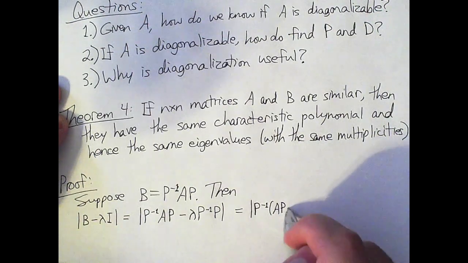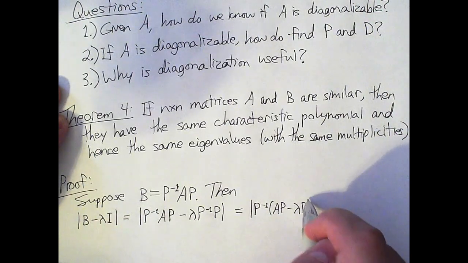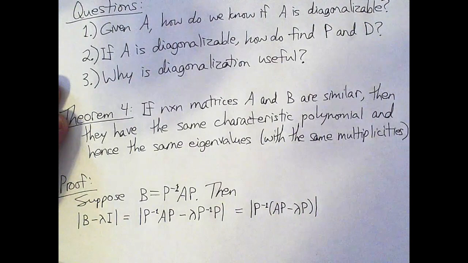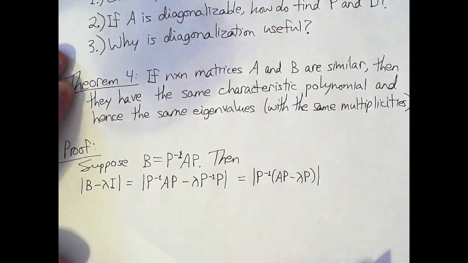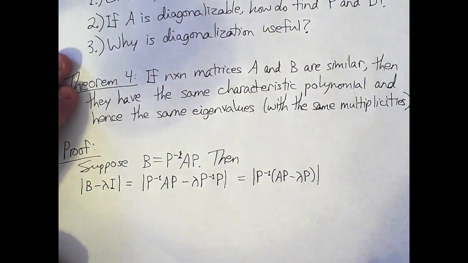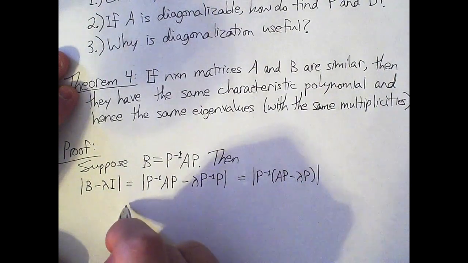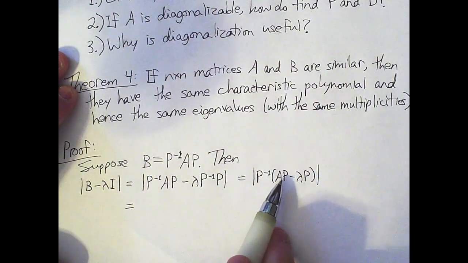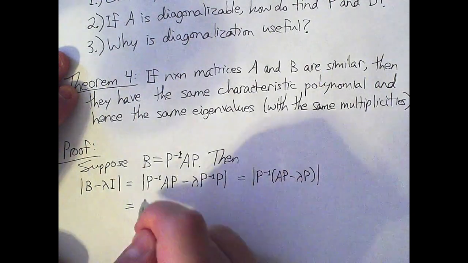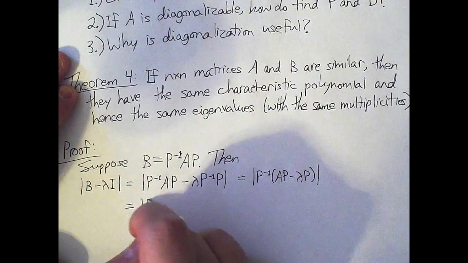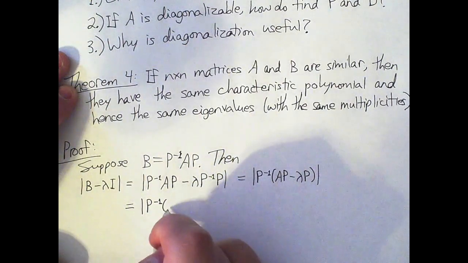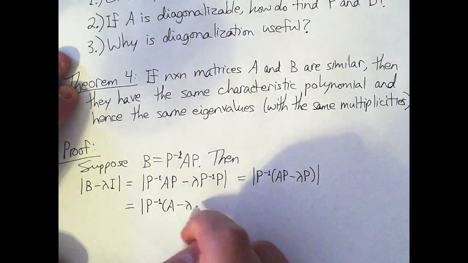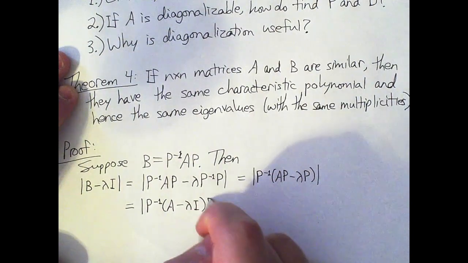A P minus lambda P. And in fact, we could factor a P out from the right because they both have a P on the right. So we could say the determinant of P inverse, parentheses, A minus lambda I, and then a P on the right.